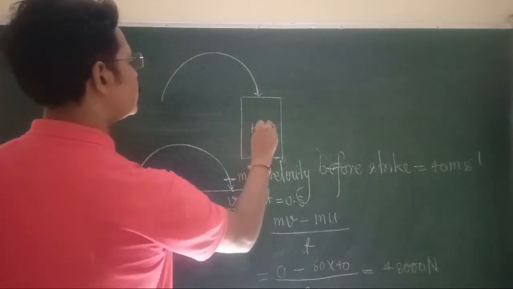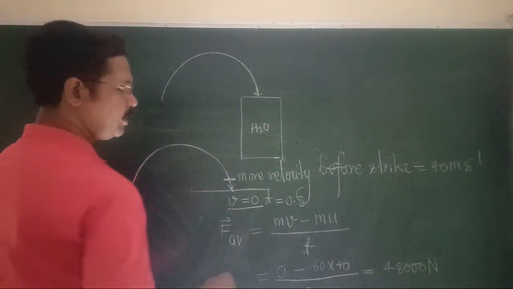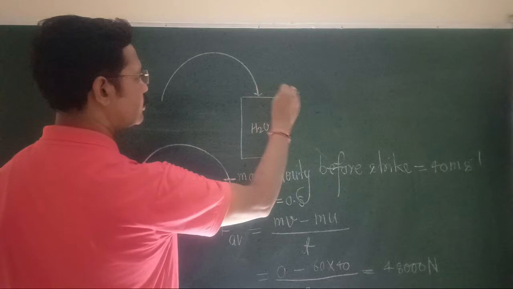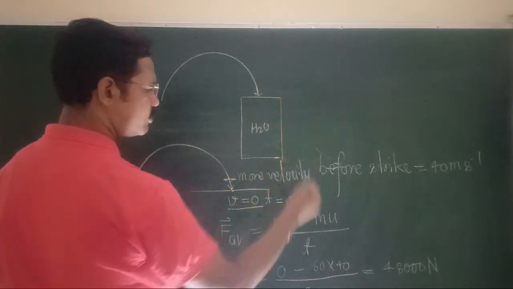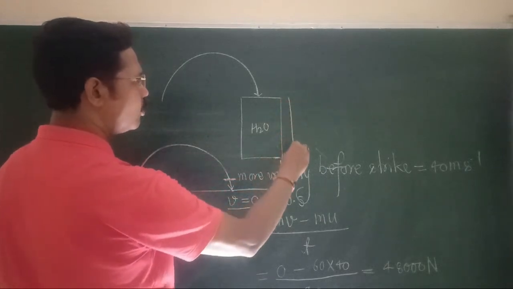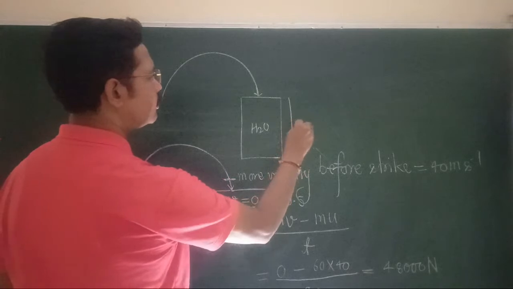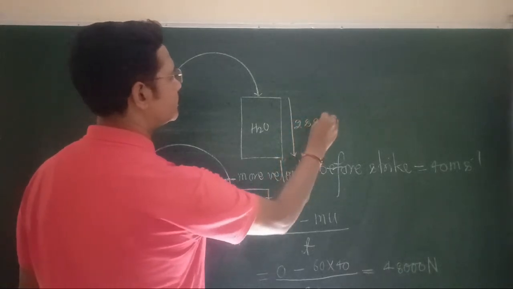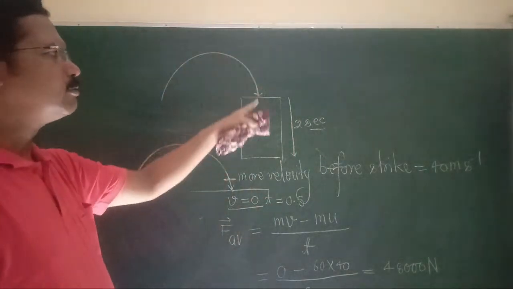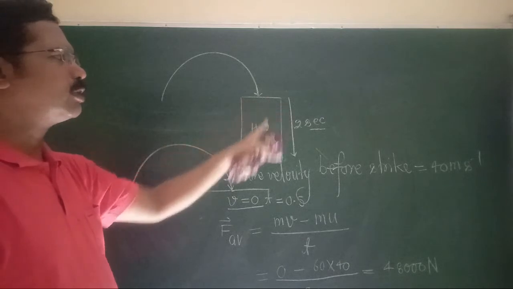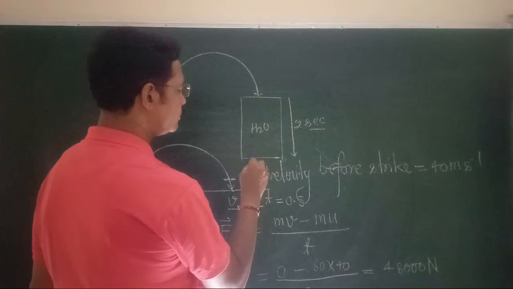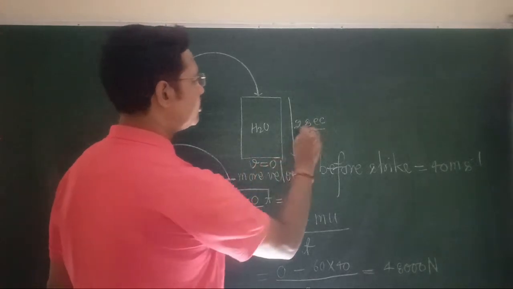Suppose on the surface, how much is the velocity? And it takes more time to reach here, 2 seconds. Same as the sports person jumping inside the water, there is water on the ground, and it takes 2 seconds to make velocity 0.